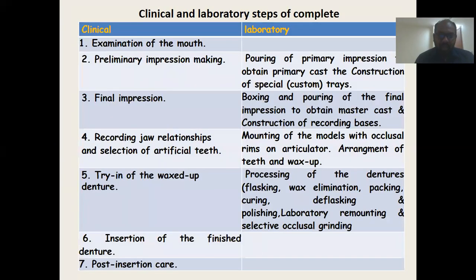So again, outlining the different clinical and laboratory steps that are involved in fabricating a complete denture: when the patient comes to you, in a conventional denture fabrication the patient might have to come for a minimum of 6 visits, including your initial visit, which is going to be your consultation or initial examination.